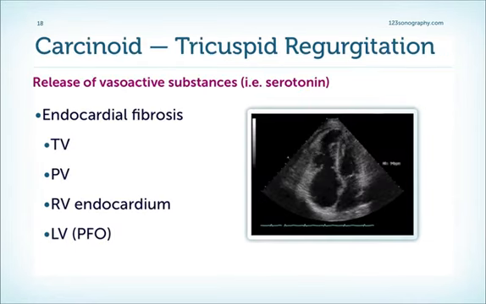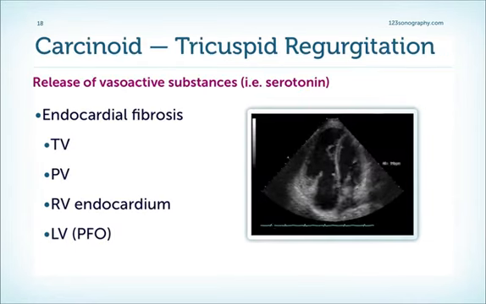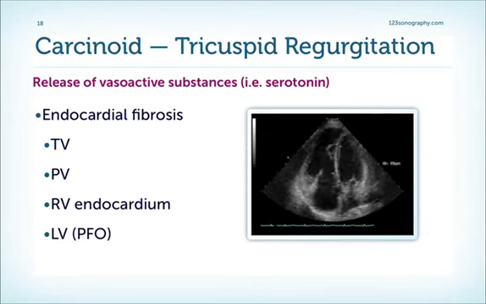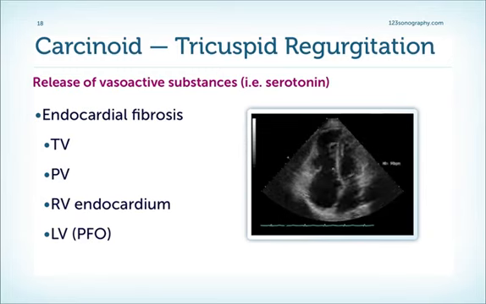A much less frequent cause for TR is carcinoid heart disease. Why do we have TR? Because of the serotonin which is produced by the tumor. Especially if the tumor also has metastasis in the liver, then we have very high concentration of these substances, and they destroy the endocardium. They cause endocardial fibrosis.